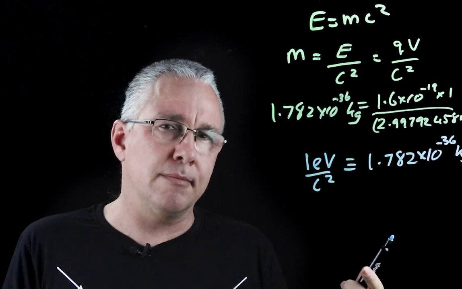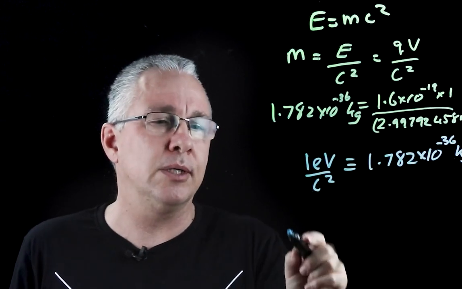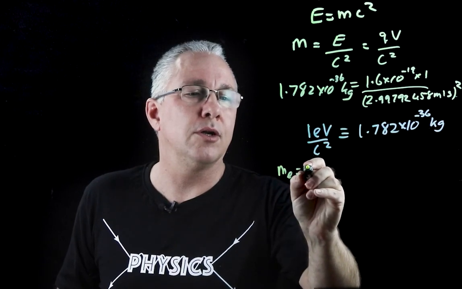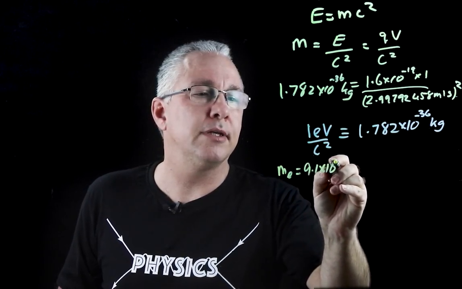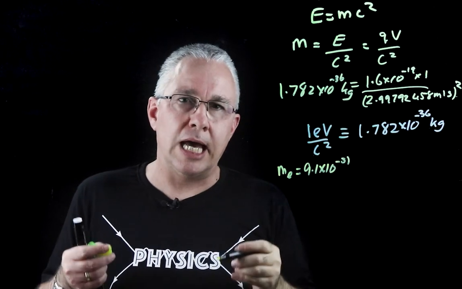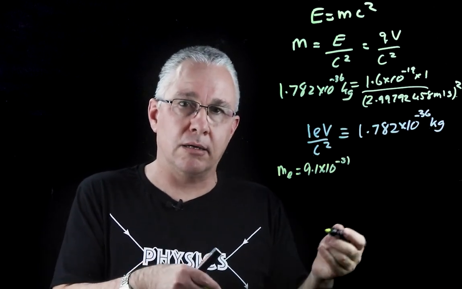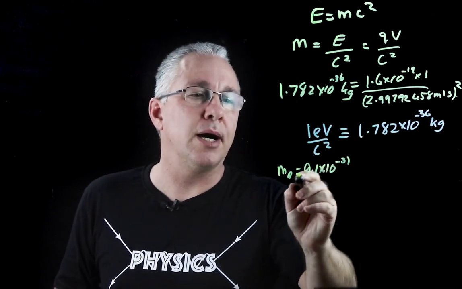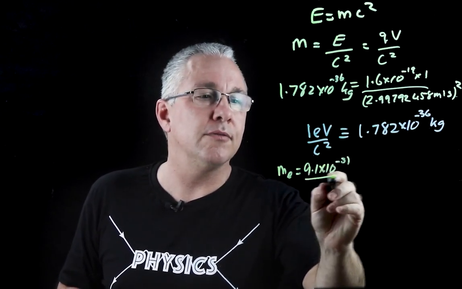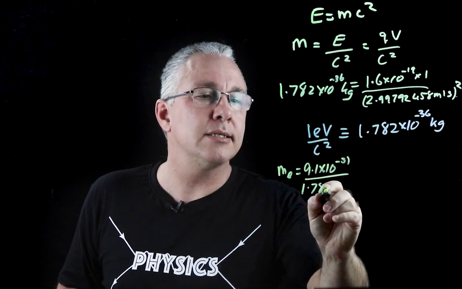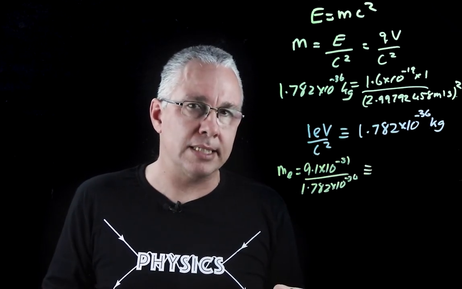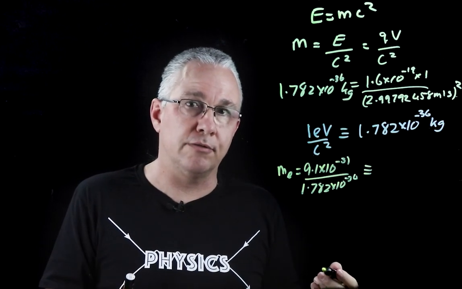So what about the mass of an electron, for example? Well, the mass of an electron is equal to 9.1 by 10 to the power of negative 31. How do I convert that to our electron volt term? Well, if I divide this by my value of mass, I'll get the equivalent mass in terms of electron volts.